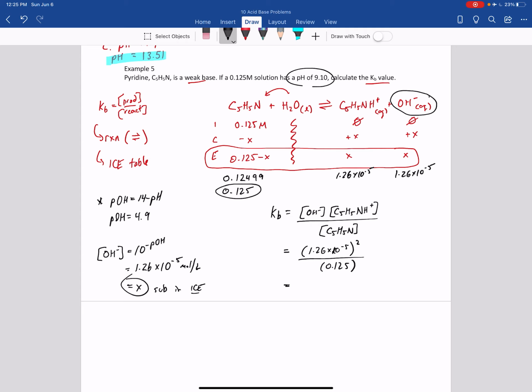So we take that value, divided by 0.125, and we get for a Kb value, 1.01 times 10 to the negative 4. So again, the process is very repetitive, understanding the link between hydroxide and pH in this case.